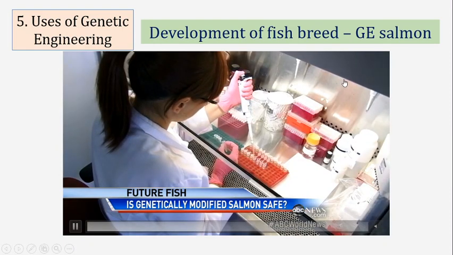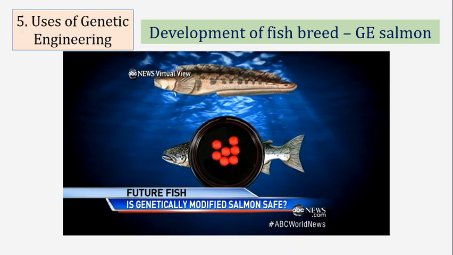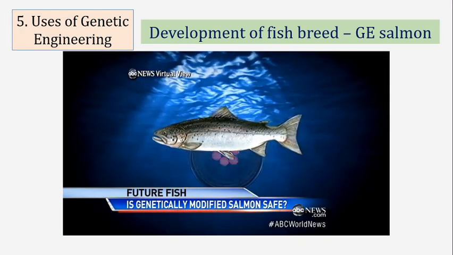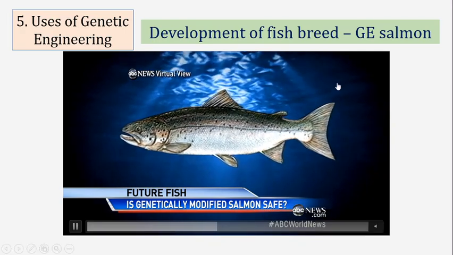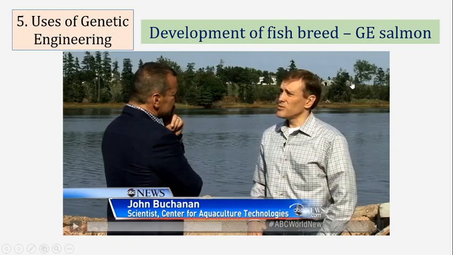This is done by genetic engineering, by incorporating growth hormone genes from two other fishes, so that the salmon became genetically engineered. That's how genetic engineering has been used to increase the growth rate of fishes such as salmon, nilotica or tilapia.